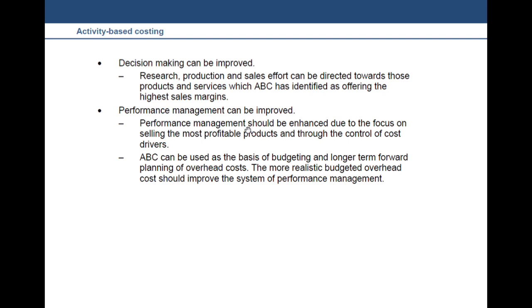Performance management should be enhanced due to the focus on selling the most profitable products and through the control of cost drivers. ABC can be used as the basis of budgeting and longer term forward planning of overhead cost. The more realistic budgeted overhead cost should improve the system of performance measurement.